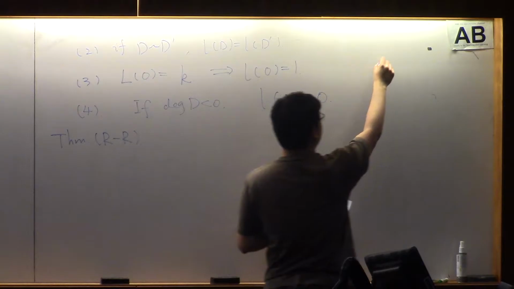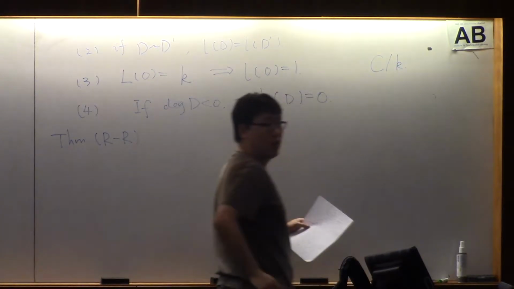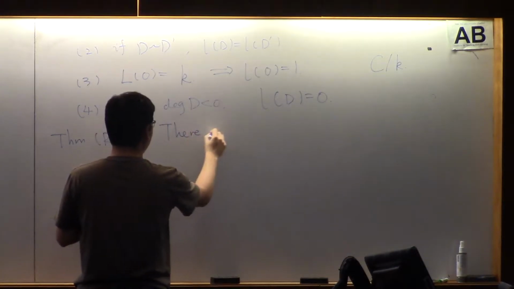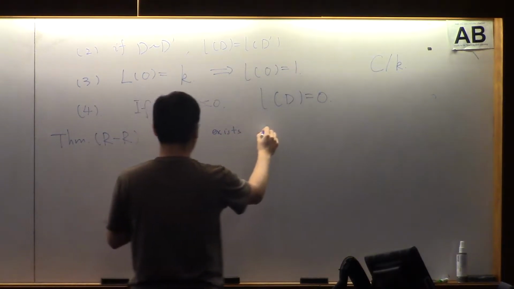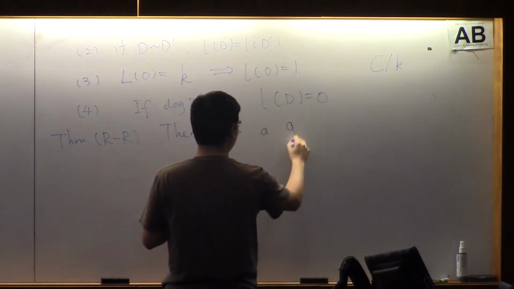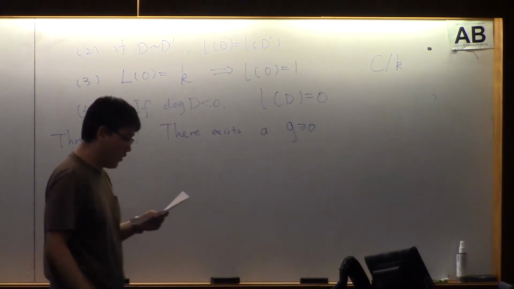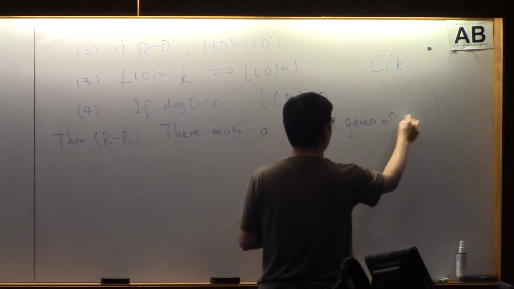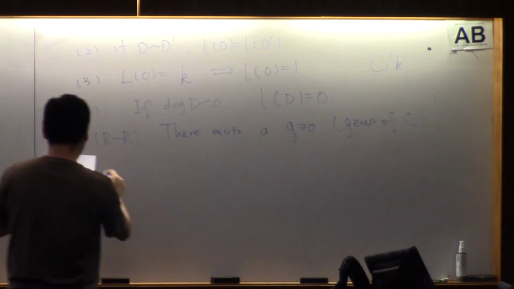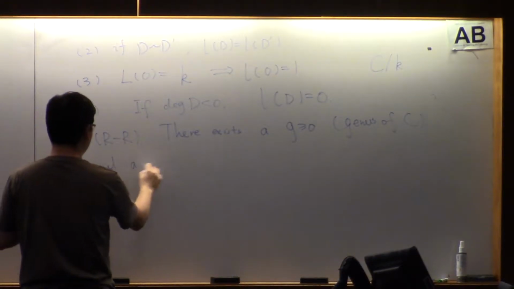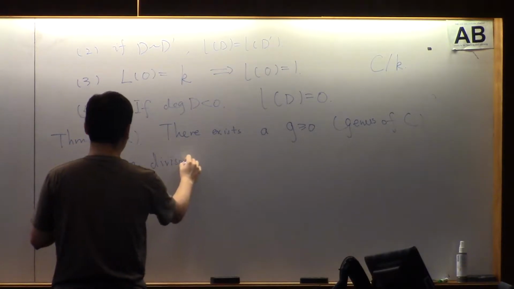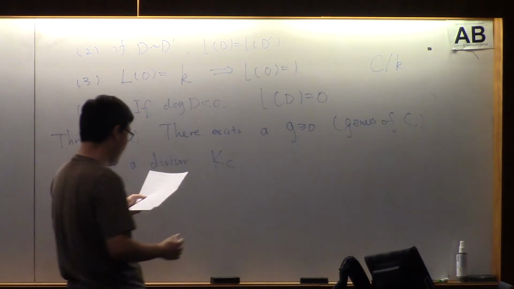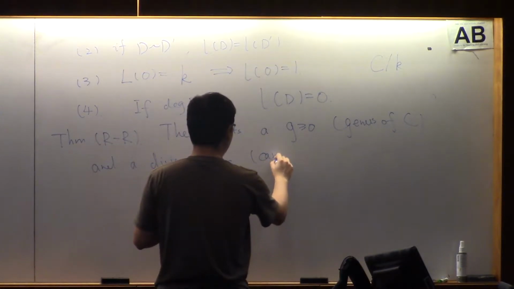Again, I always fix the smooth projective curve over the base field K. Then there exists an integer G, which is non-negative, it is called the genus of the curve, and a divisor is called KC. This is called the canonical divisor.